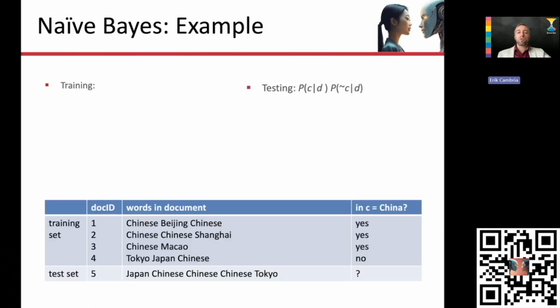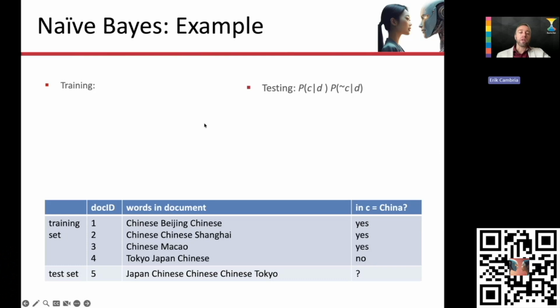So let's see this with an example. Here we have document 5, a new document that we need to classify as yes or no. Does it belong to class China or not? How do we do that? We will have to calculate 2 probabilities, the probability of document 5 belonging to class C and the probability of document 5 not belonging to class C, and then take the biggest.